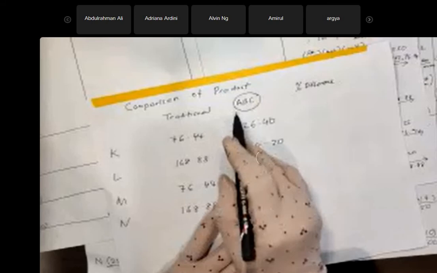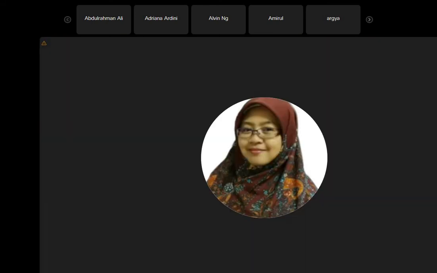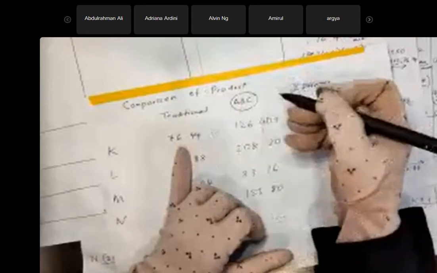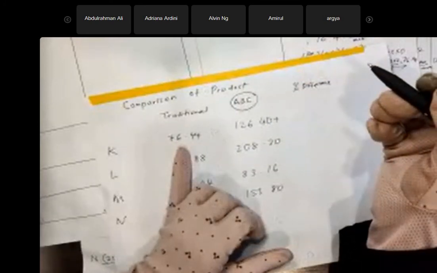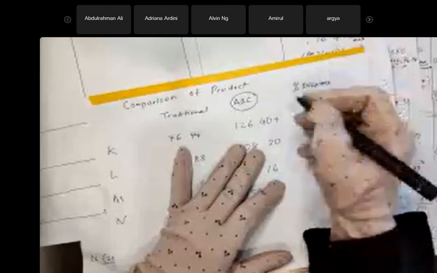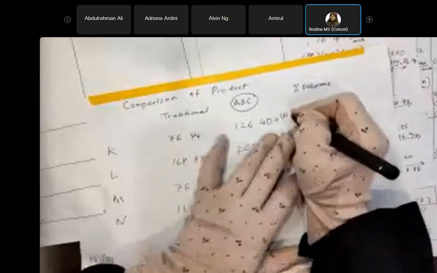ABC is 126, but the traditional is 76. If you use the traditional, is this one over cost or under cost? If you want to comment on the traditional compared to the ABC, it is under cost.